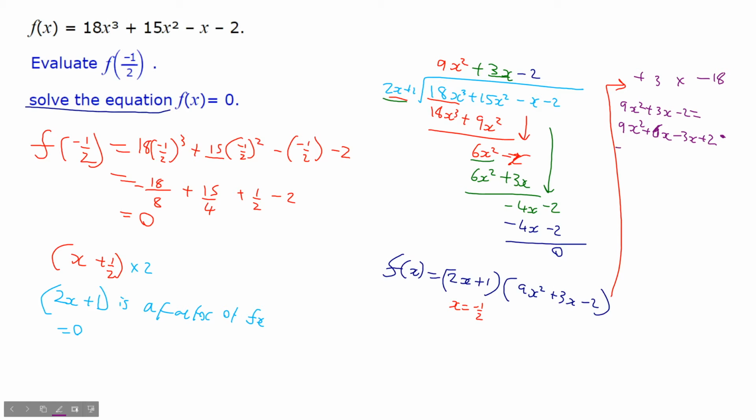I'm going to swap those around, so we're left with 9x squared minus 3x plus 6x minus 2.